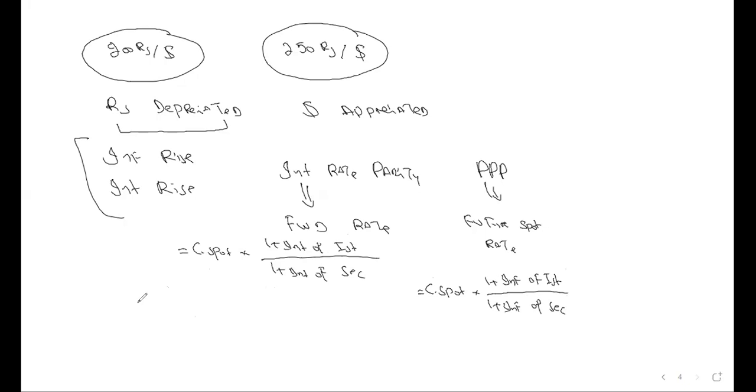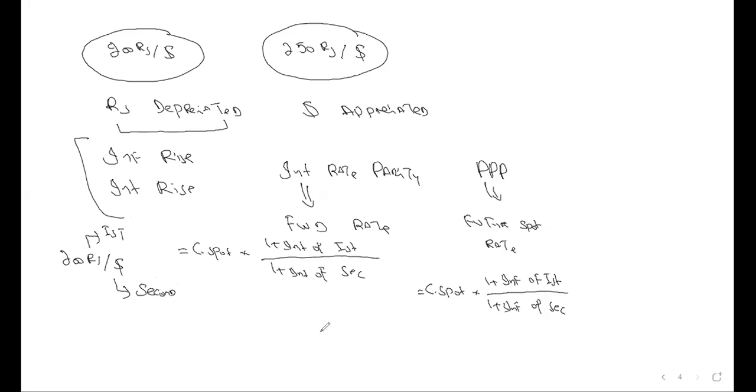Many times the students ask, sir, how are we going to decide the first or the second currency? Like I say, the rate has been given as 200 rupees per dollar. So the currency in the numerator is always the first currency, and the currency in the denominator is always known as the second currency.